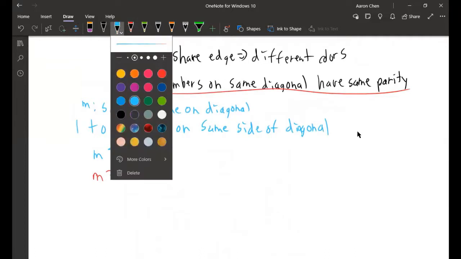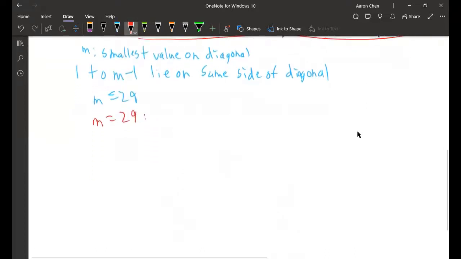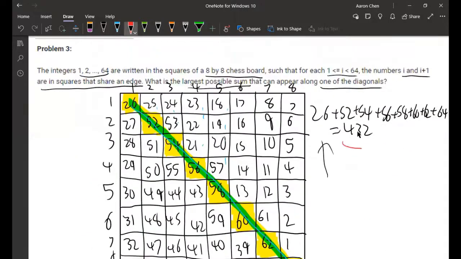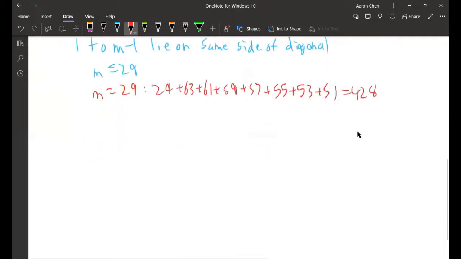And so what that means is that when m is 29, the maximal sum is 29 plus 63 plus 61 plus 59 plus 57 plus, no, not 57, 55 plus 53 plus 51. And this sum is equal to 428. But up here, the sum that we found was 432.